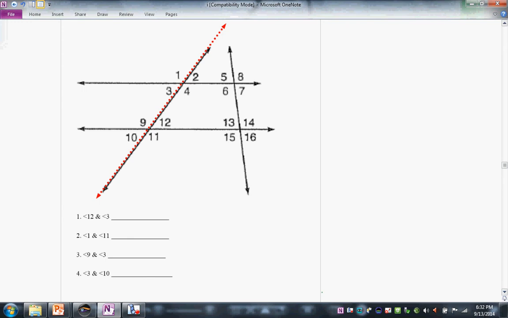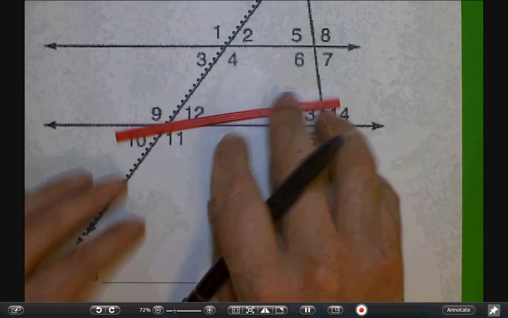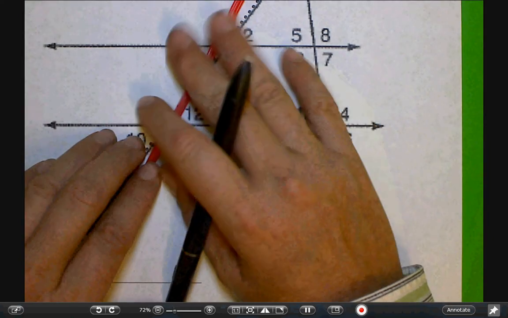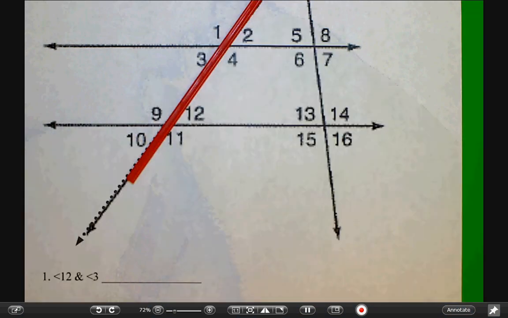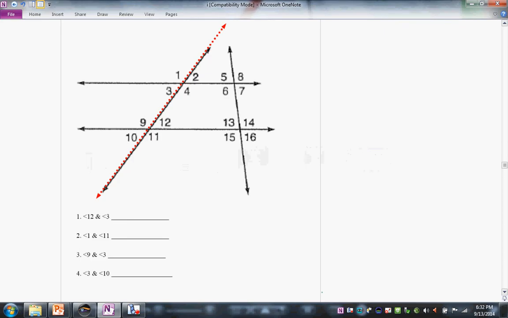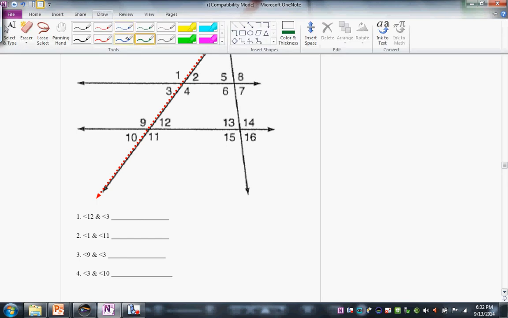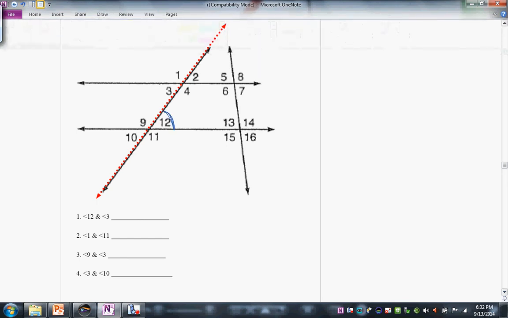All right, take a look. Your stir stick was now over here. It rotated, so when it rotates, things change. So we had angles 12 and 3. 12 and 3 are on either side of the stir stick, but between the lines.